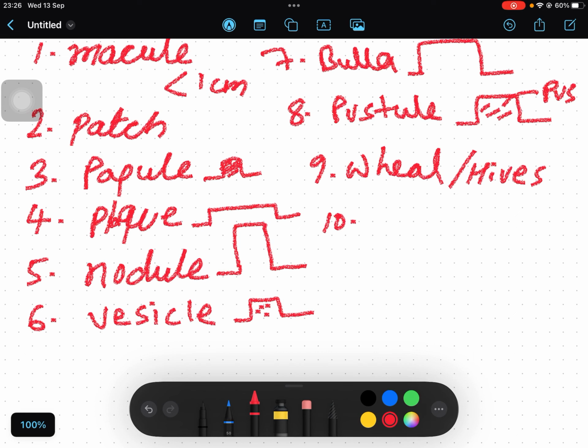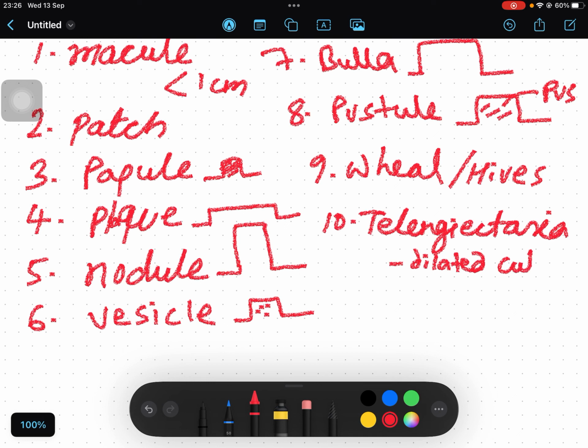The other one is telangiectasia. So telangiectasia is dilated cutaneous vessels. You can see it in the perinasal area around the nose in some people.